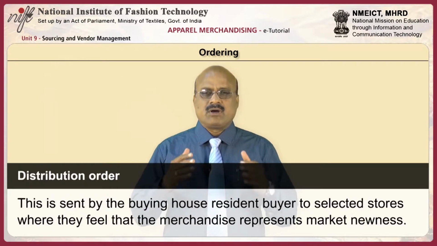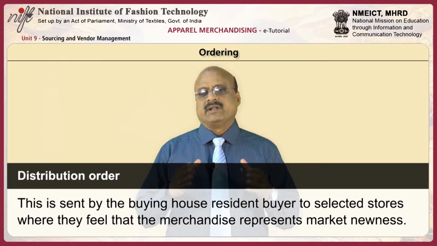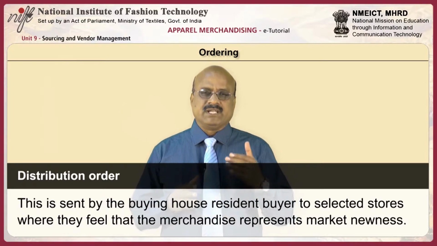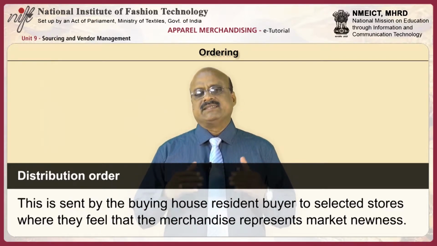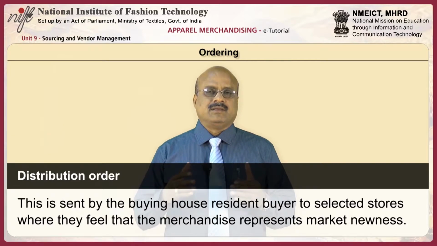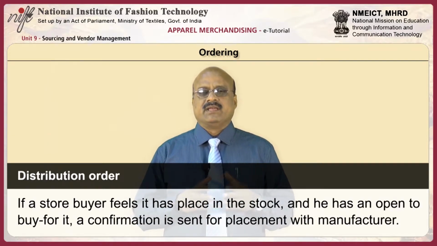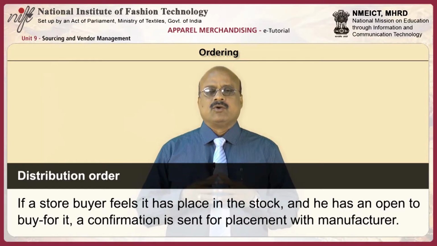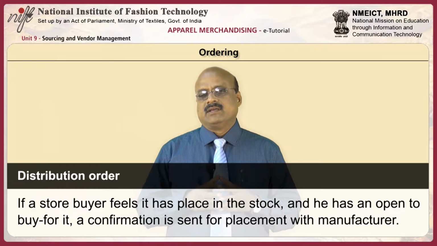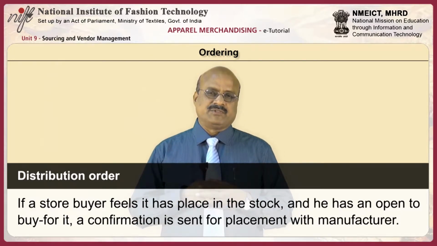A distribution order is sent by the buying house resident buyer to selected stores where they feel that the merchandise represents market newness. If a store buyer feels it has a place in the stock and he has an open to buy for it, a confirmation is sent for placement with the manufacturer.